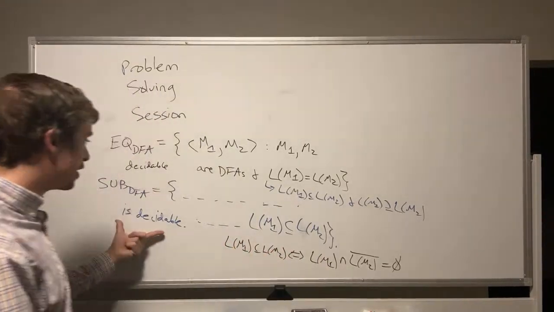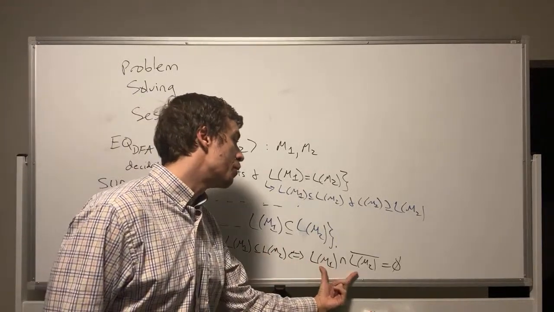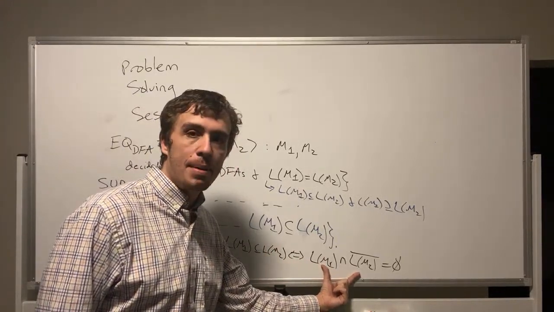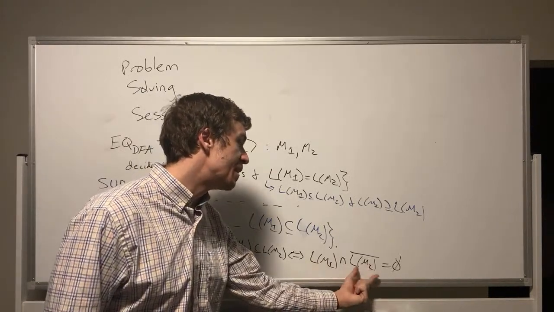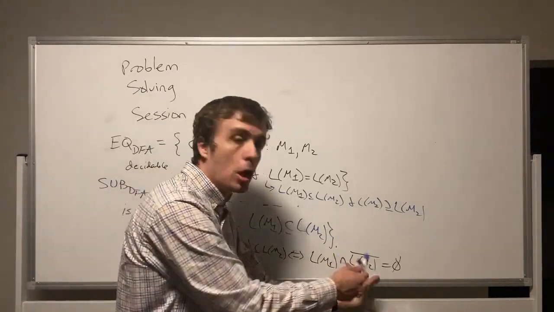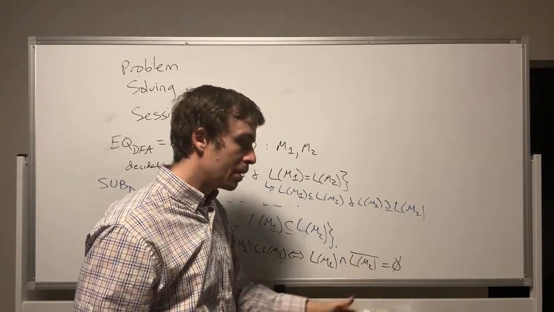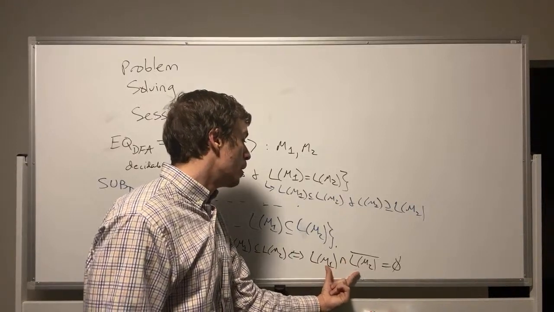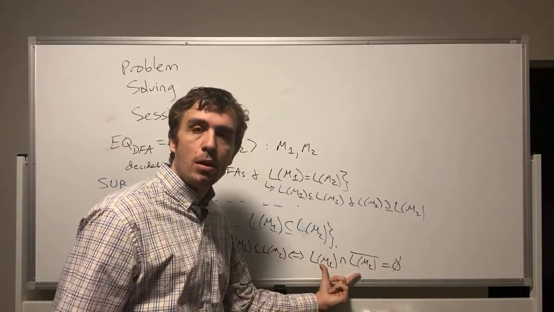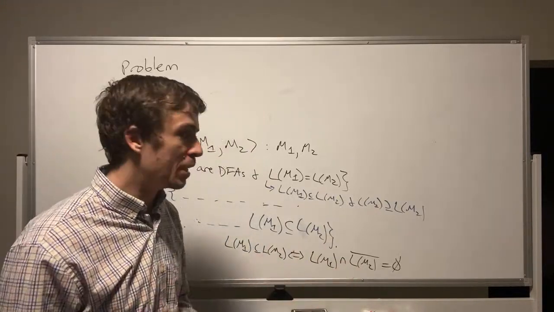So why is this decidable? I'm not going to write the whole thing, but basically what you do is you make a DFA for this, because this is a DFA, this is a DFA. The complement still makes it a DFA, you can just invert final states. And regular languages are closed under intersection, so you can make the DFA for the intersection.